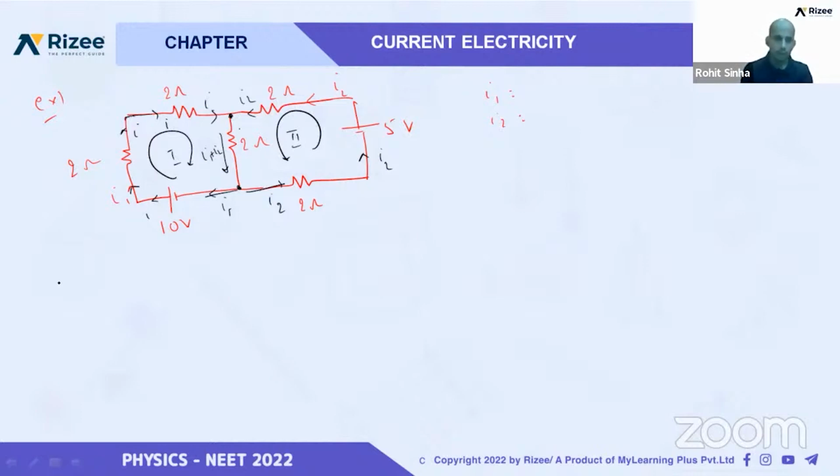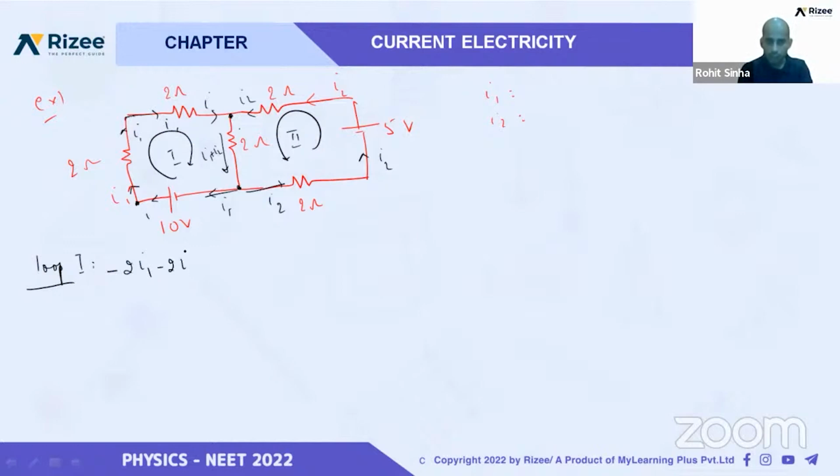Now I am writing the equation in loop 1. You can see loop 1 clearly. I am starting from here, any point from here, moving in the direction of current. What we will write? Minus 2 into I1, here I1 and here 2 ohm resistance.